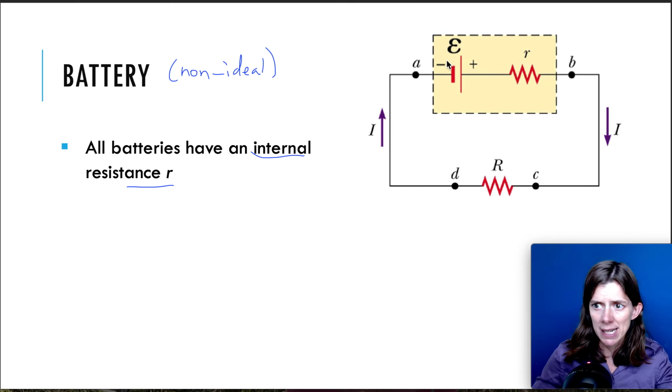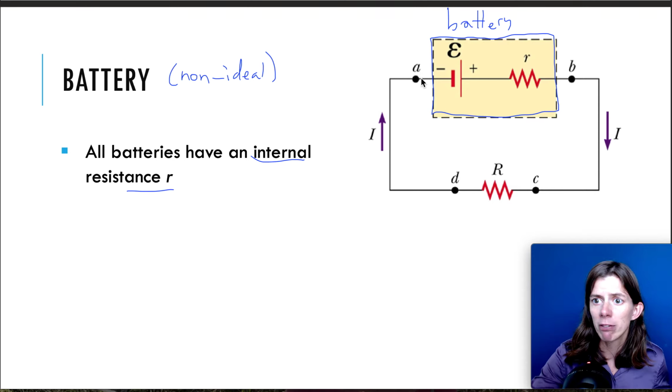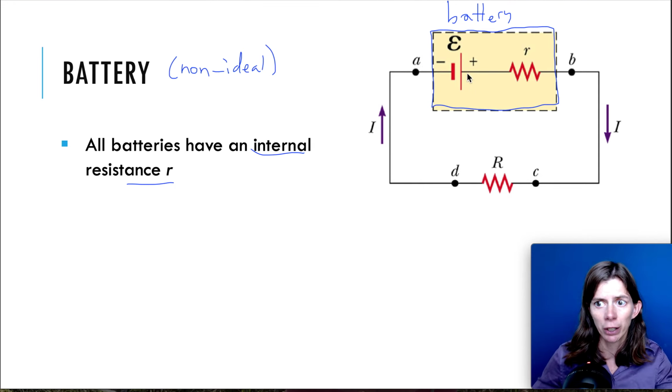Considering an actual battery that has an internal resistance, if you look at this yellow rectangle, that's the whole battery. The whole battery has the EMF, the energy per charge that the battery is providing due to the chemical reactions occurring. But there's an internal resistance within the battery.